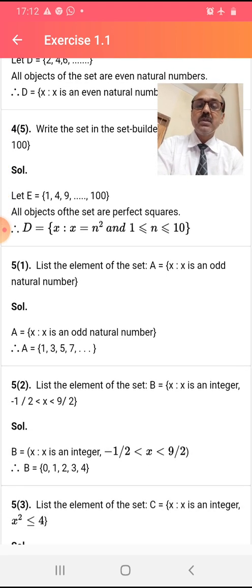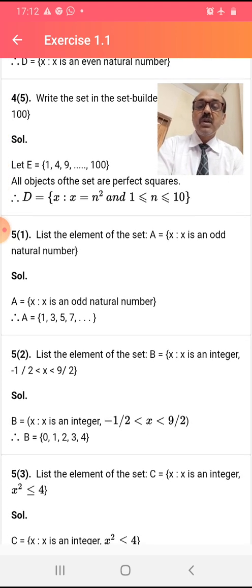Number 5 is 5.1: list the elements of the set A, where x is an odd natural number. We know 1, 2, 3, 4 are all natural numbers, but only the odd ones you have to write.